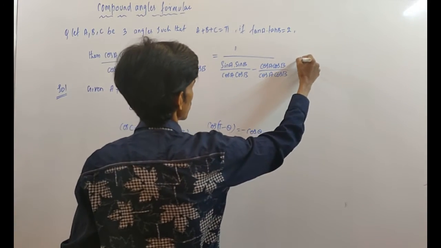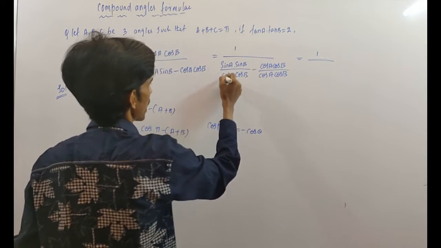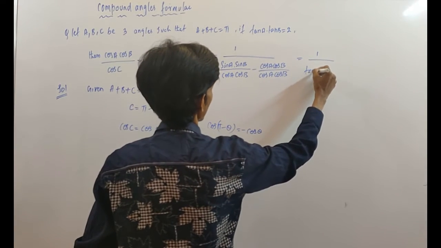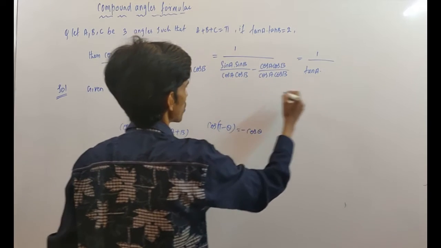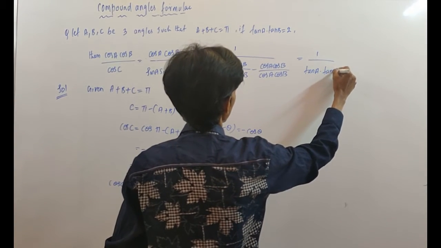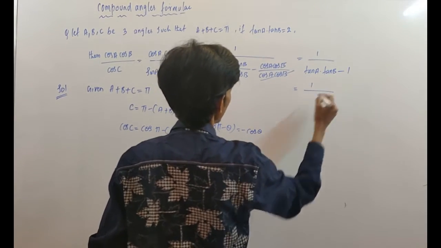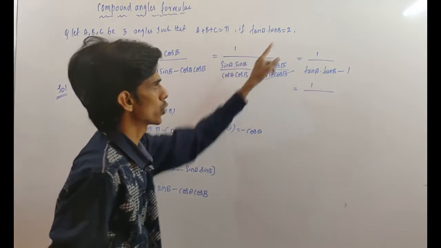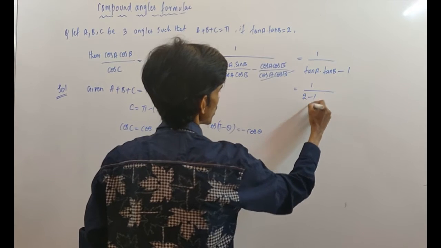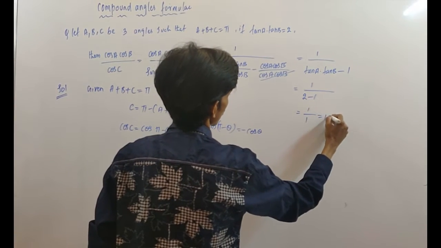That equals 1 divided by (sin by cos is tan, so tan A, sin by cos is tan, so tan B, minus these two get cancelled, minus 1). We have 1 by (tan A tan B minus 1). The value of tan A tan B is given as 2, so it becomes 2 minus 1, so that will be 1.